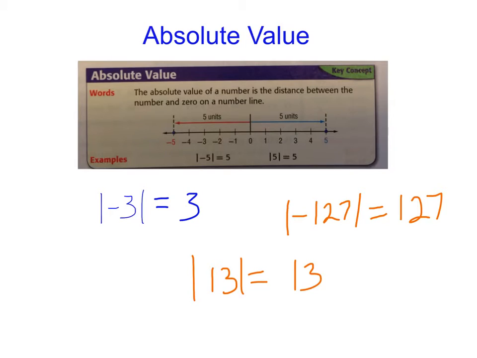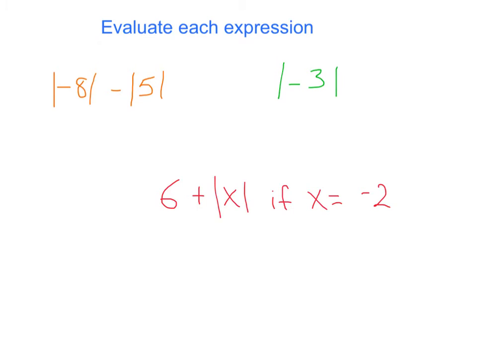So this will be how you show your work today. So here are a few problems where we're going to evaluate the expression. I can see here on this first one, I'm looking at the absolute value of negative 8 minus the absolute value of 5. So to find this one, I want to figure out what's the absolute value of each of these numbers.